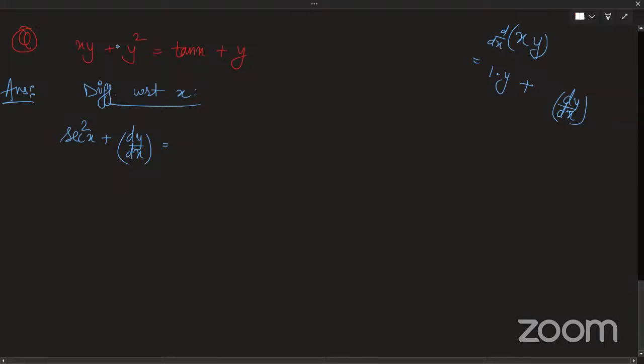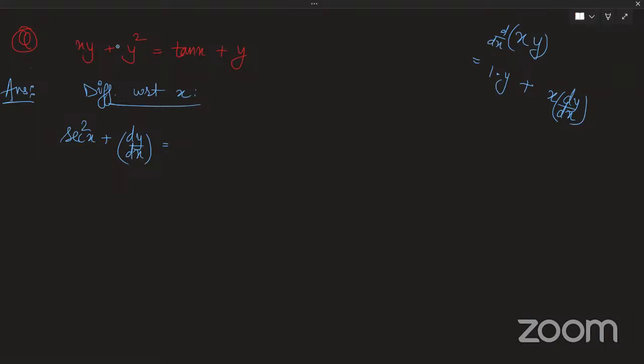Are you sure? Just check it again. You don't need to differentiate both the functions at the same time. Check it again and tell me. I did x into dy by dx, right? See, in the first case, you differentiated x and you kept y as it is.